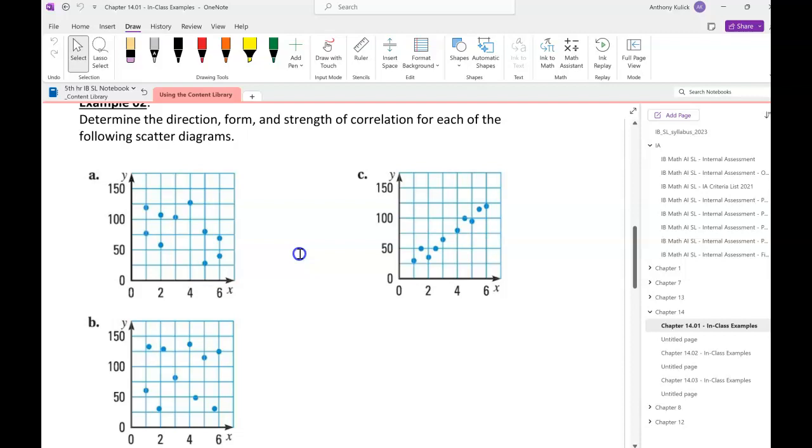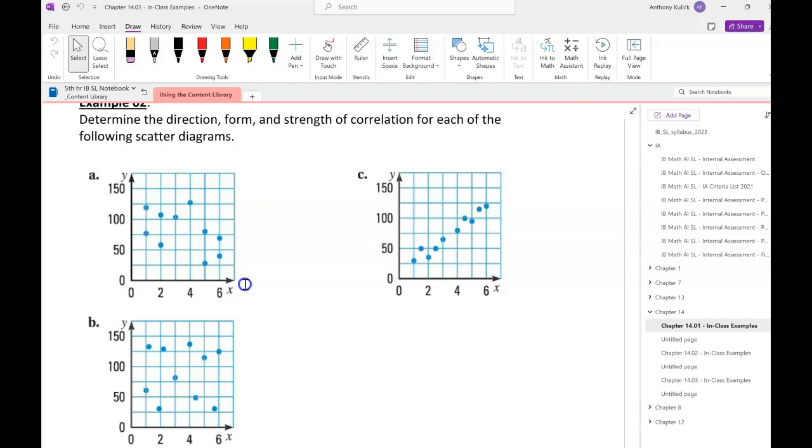The direction, is that one negative or positive? Correct. So that looks like it's negative. Agreed. The form, let's say linear. I would agree. That's your best choice, I think.